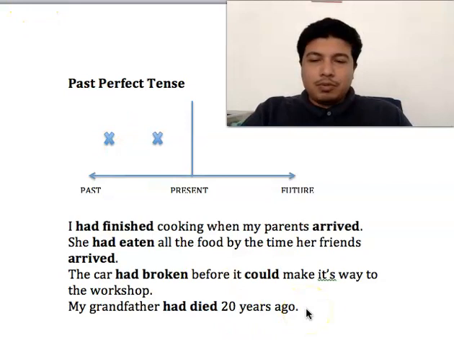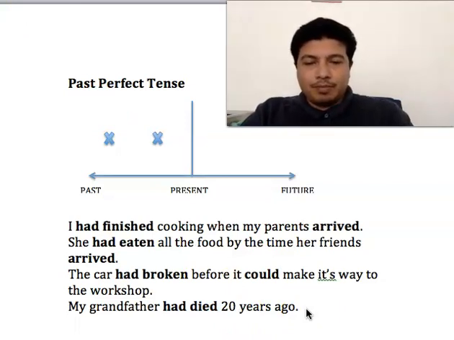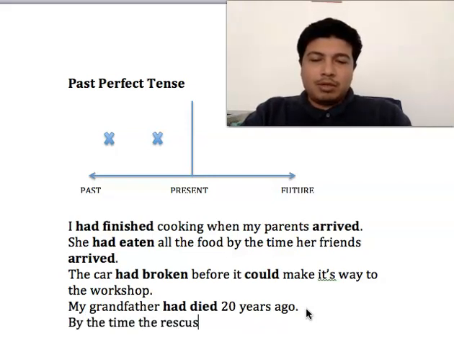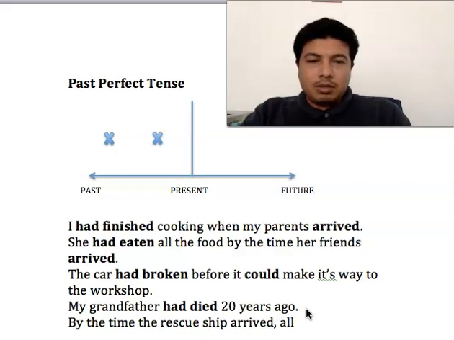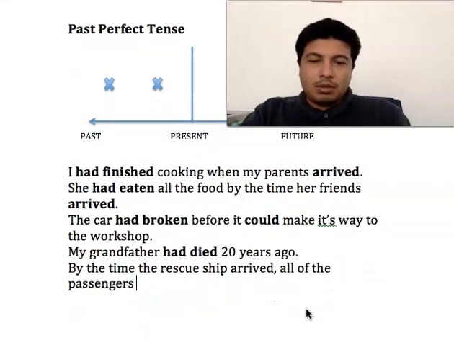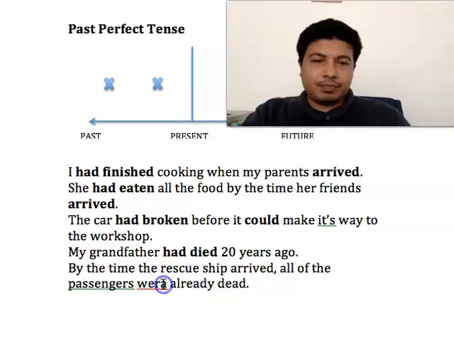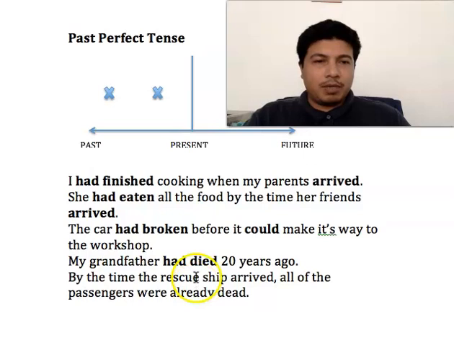And one last example would be, by the time the rescue ship arrived, all of the passengers were already dead. So here we have two things that happened in the past.